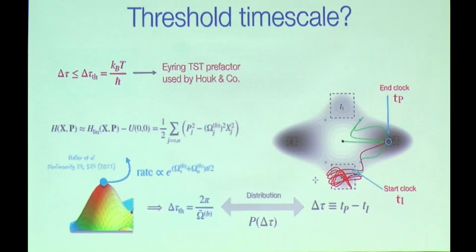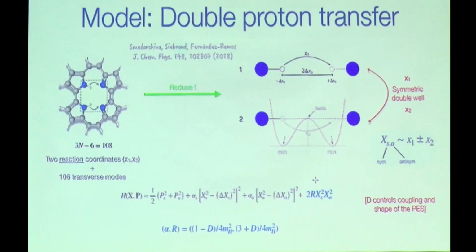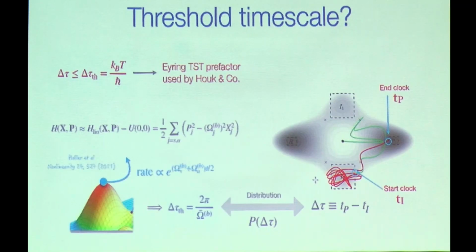Now, the first question is how. In the case of Hauck, they are basically looking at temperature dependent canonical calculations, so it was natural for them to use the h by kBT as the threshold. Here we are going to do microcanonical, so there is no T here in some sense. So how do you actually define it? Well, the way we take this clue is we look at the Hamiltonian that we have, and we linearize it about the rank 2 saddle.